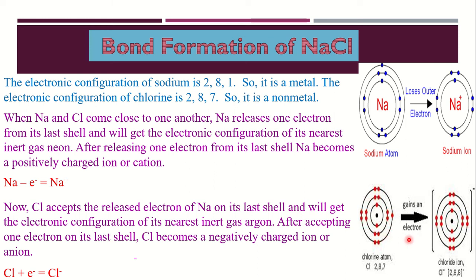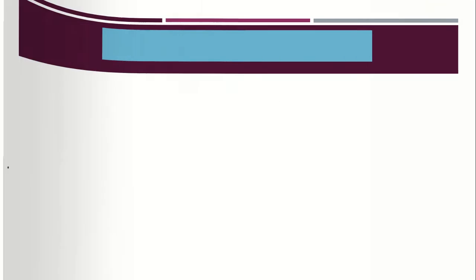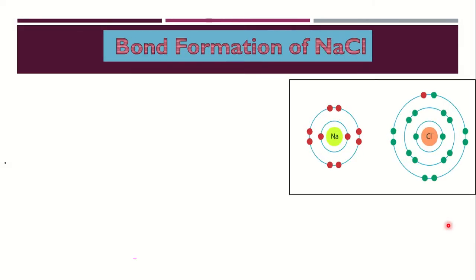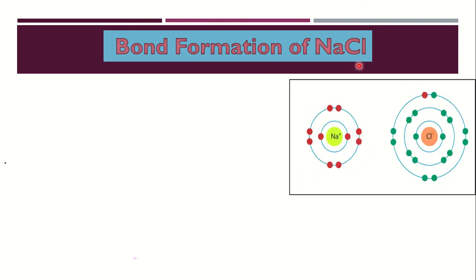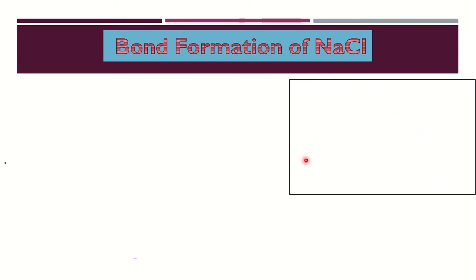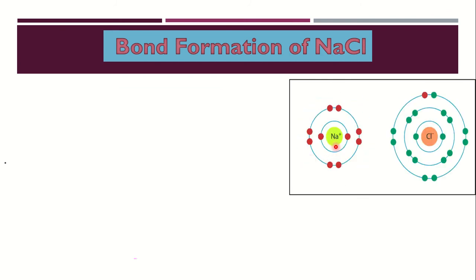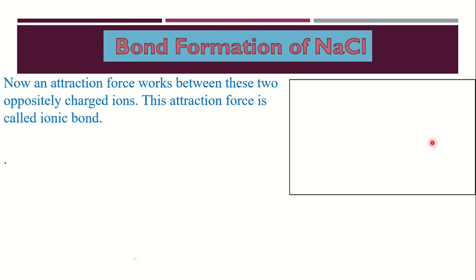But after accepting 1 electron, now it has 18 electrons and 17 protons, so it becomes a negatively charged ion or anion. Look here. This electron goes to the chlorine atom and sodium becomes Na+ ion and chlorine becomes Cl- ion.